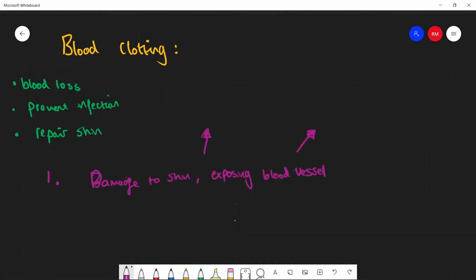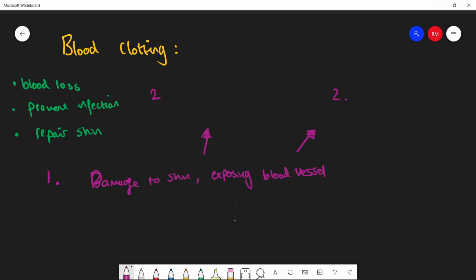So, first thing that can happen is a temporary platelet plug is formed. Platelets in the blood come rushing over to this damaged part of the skin to try and plug the hole, essentially. We'll call this step 2 and this also step 2.